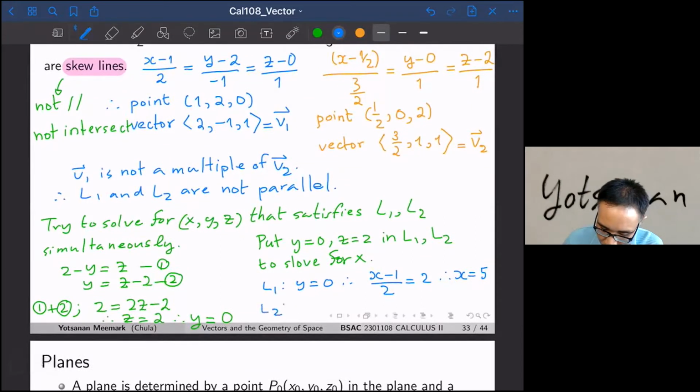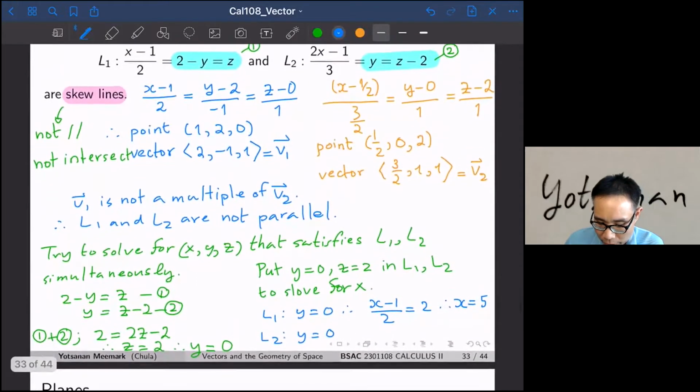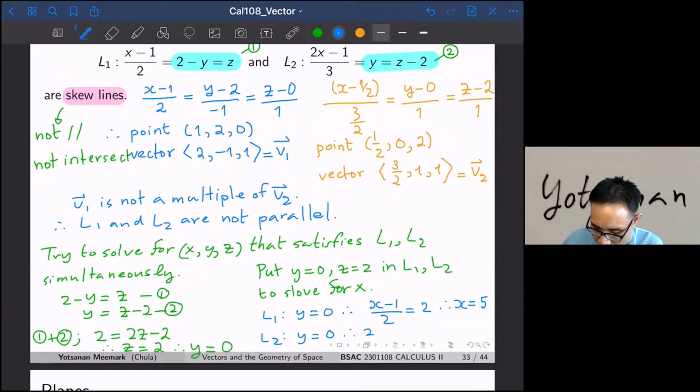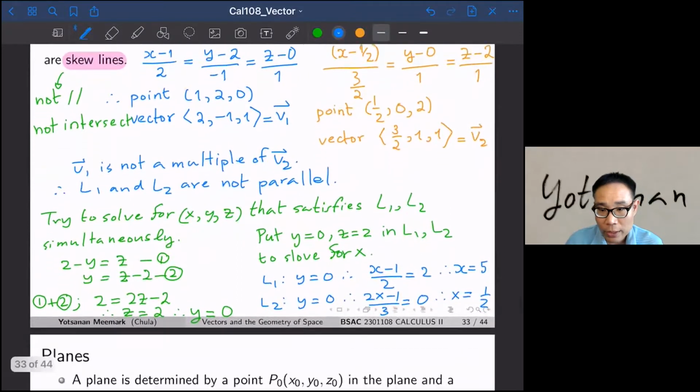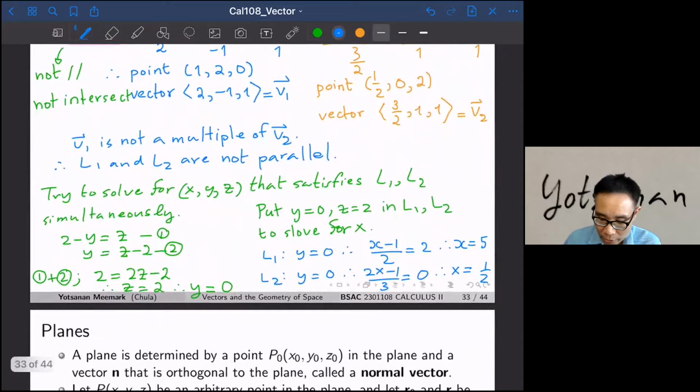In L2, y equals 0, so 2x minus 1 over 3 equals 0, so x equals 1/2. It turns out these two numbers do not agree for the same value of x.